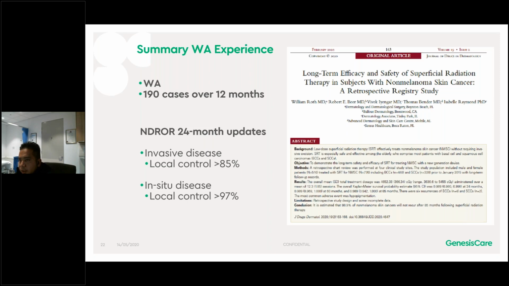On the right-hand side of the screen, there's just a screenshot of a paper that was just published in the Journal of Drugs in Dermatology in February this year. The outcomes are from the work that was done in America from a few centers across the Eastern Seaboard. They have reported about 99%, or 98.9%, of local control after 85 months with the use of the superficial radiation machine.